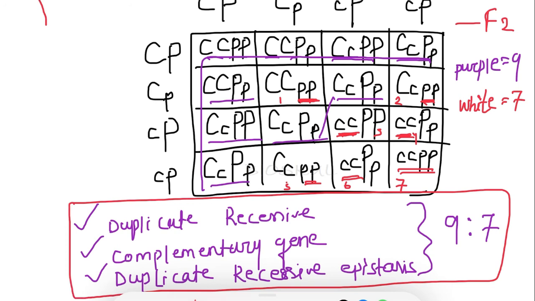I'm hoping that now you have a clear idea about what duplicate recessive gene interaction is and why it is also called complementary gene interaction and duplicate recessive epistasis, and what the F2 phenotypic ratio is.